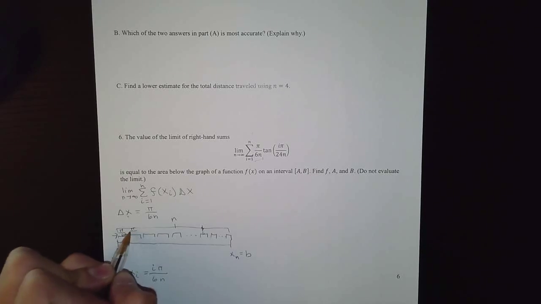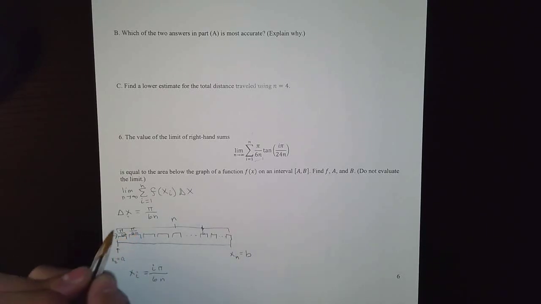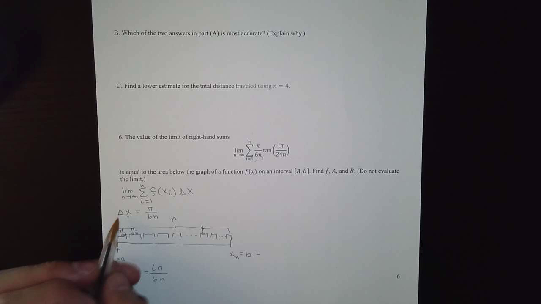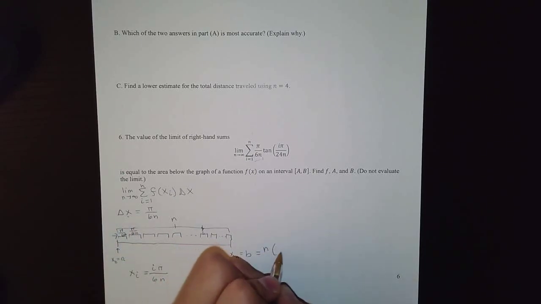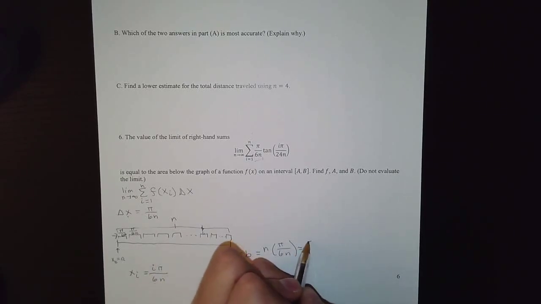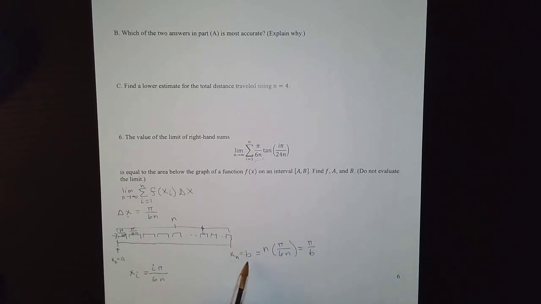This is a pi over 6n. And when you add all of these up, the x sub nth interval is our b, but we know that there's n of these pi divided by 6n's. Well, in that case, we can use algebra, and pi over 6 would be our x sub n, or our upper limit, b.